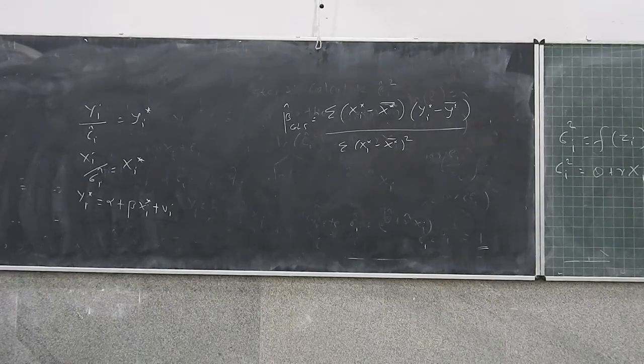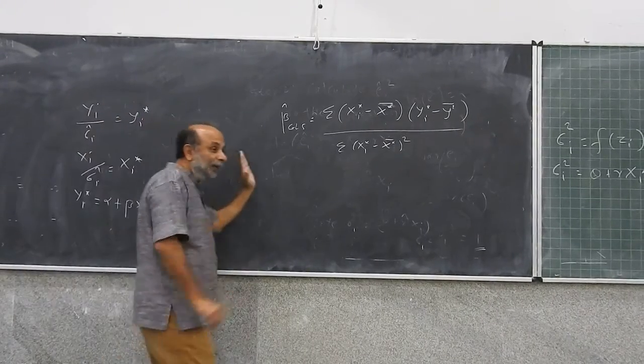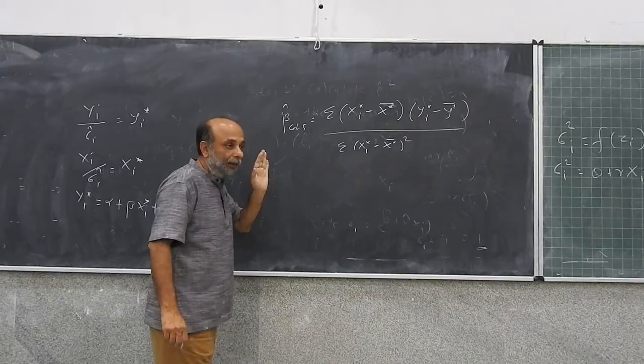Now, if I substitute my, this is GLS, this is not FGLS, so this is sigma i.